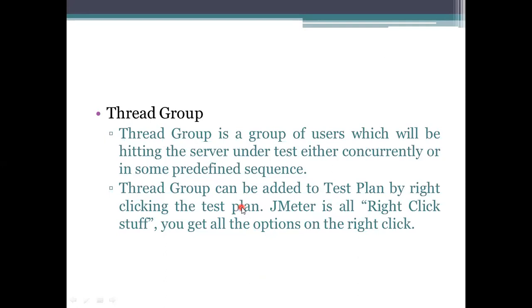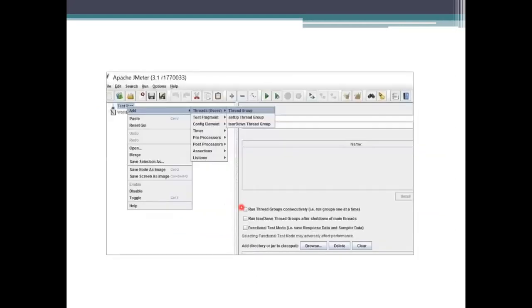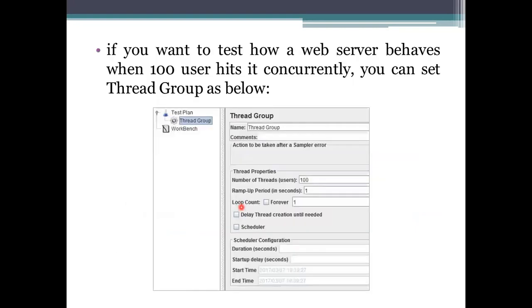Okay, and coming to the thread group. The thread group is a very important one. In the thread group, we need to define the important aspects of testing. First we need to specify what the thread group consists of.